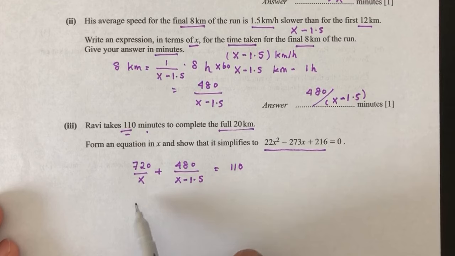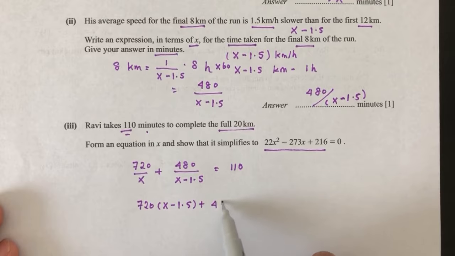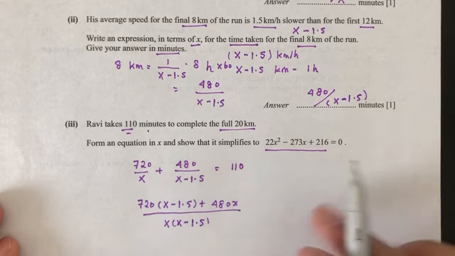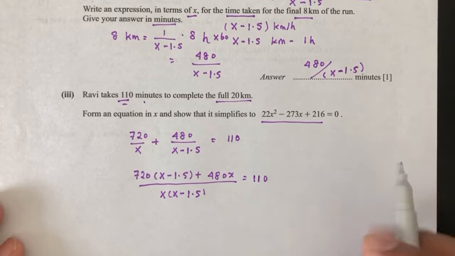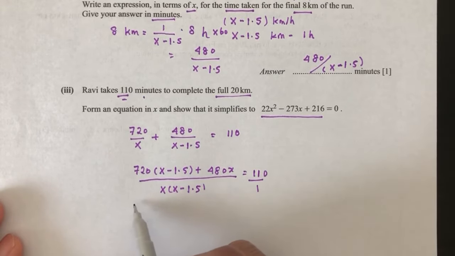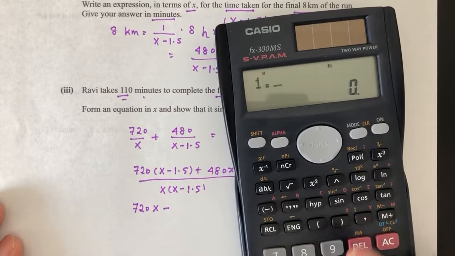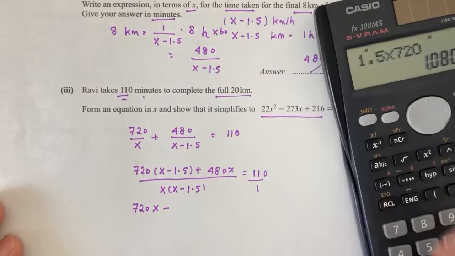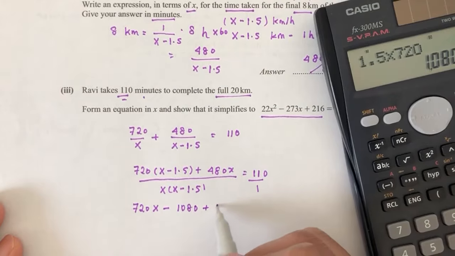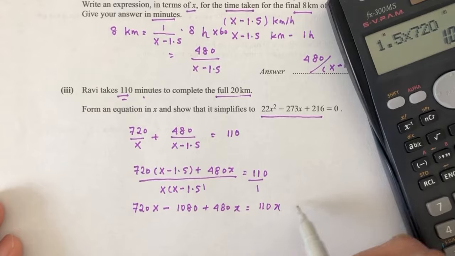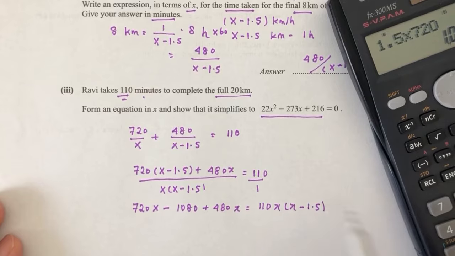We first have to do the LCM, so we cross multiply. We will have 720 times x minus 1.5, so what is 1.5 times 720? That will be 1080, plus 480x, equal to 110 times x times x minus 1.5.